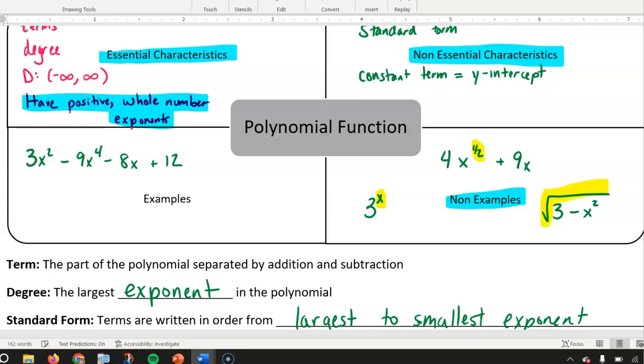And this one, we're going to learn more about roots and what that means for the exponents later. But essentially that means that we would have it raised to the 1/2 power. So we can't have roots of, now if we had the square root of 25, that would simplify to just be 5. And technically that would be a polynomial. But this can't simplify, so to get rid of the root, so that is not a polynomial.